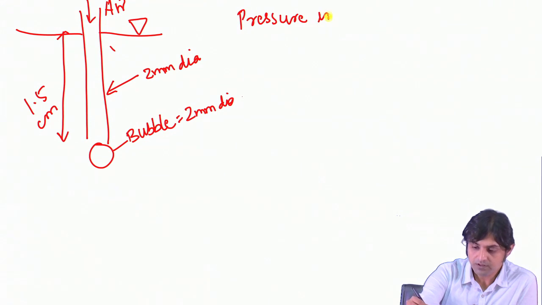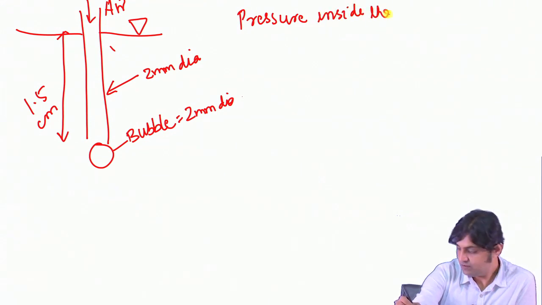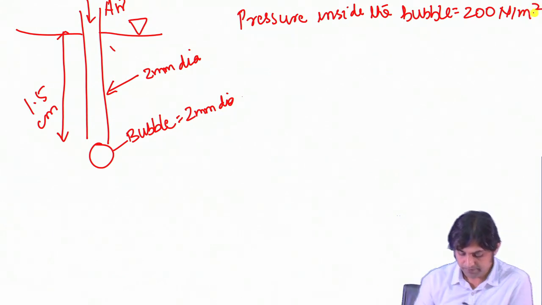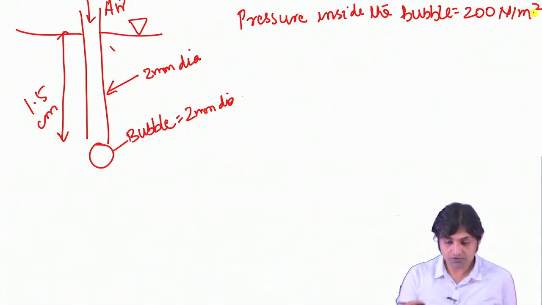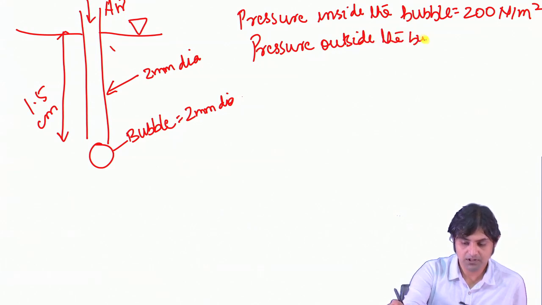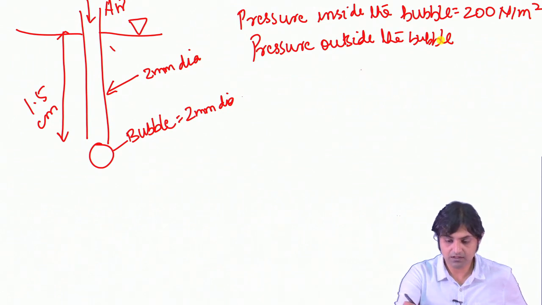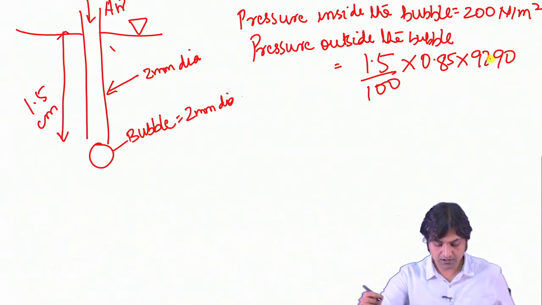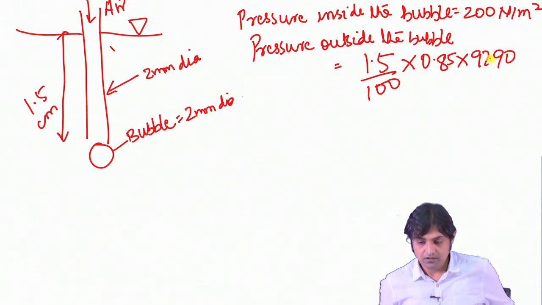The pressure inside the bubble is given as 200 Newton per meter square. And the pressure outside the bubble is given by 1.5 divided by 100 into 0.85 into 9790, that is the specific weight.